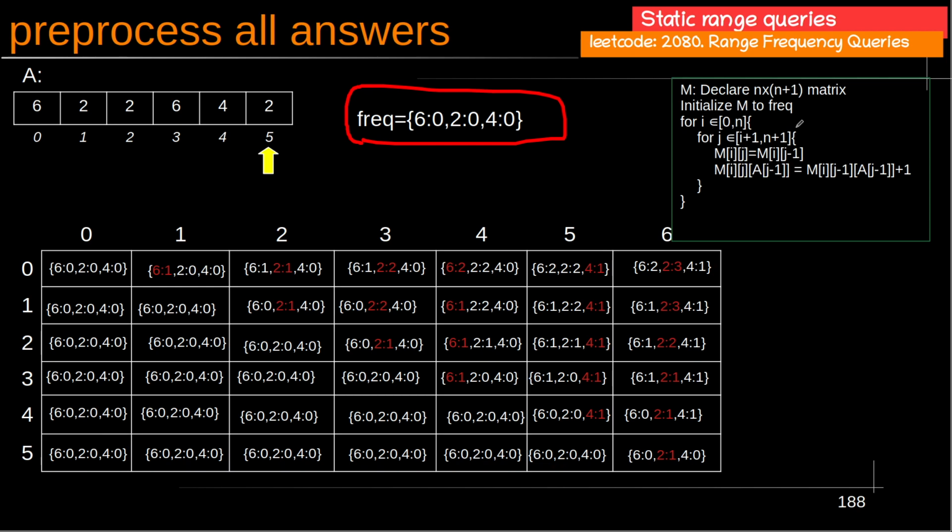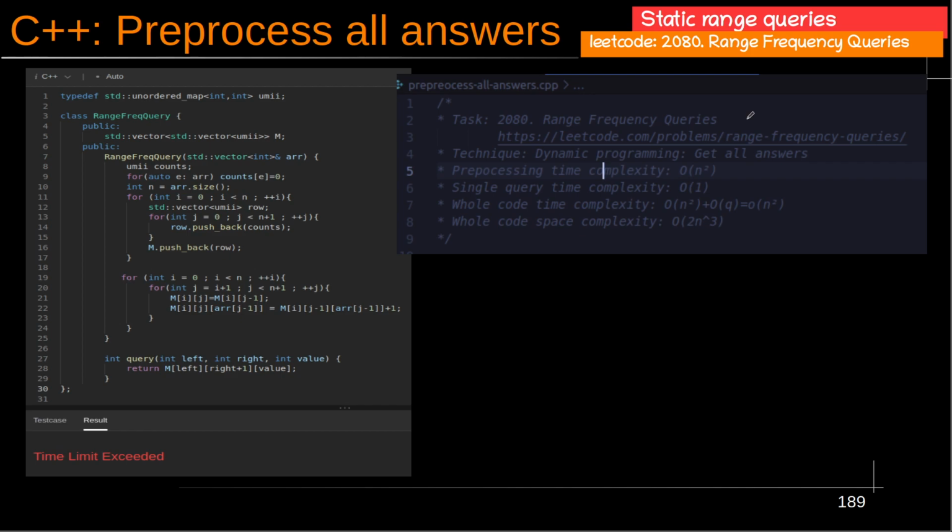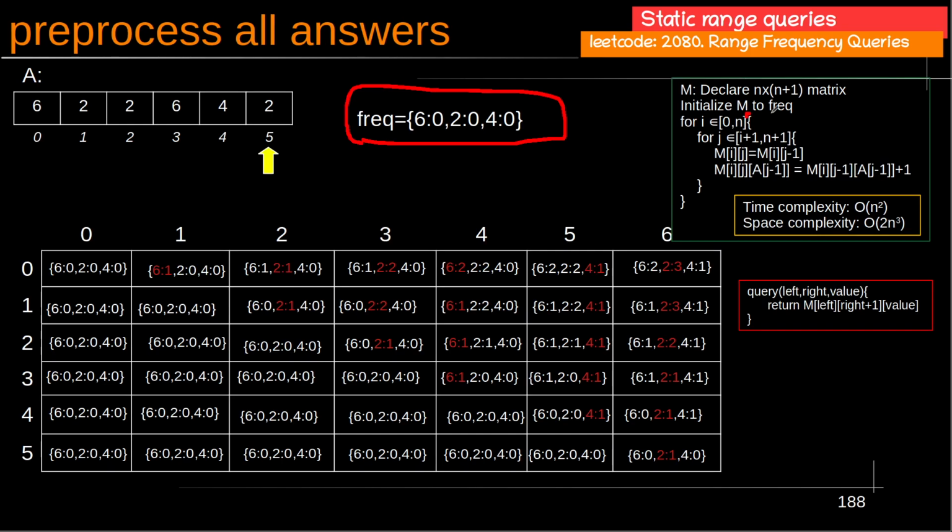I think here it's wrong. It's not included, this one, and this one is not included. Okay, first M[i][j], which means a cell. Let's take this cell.